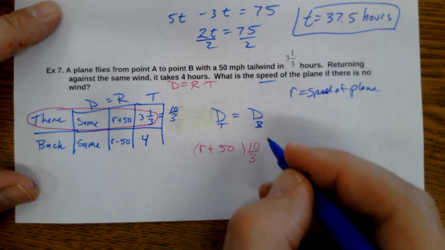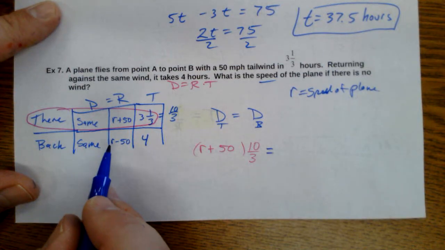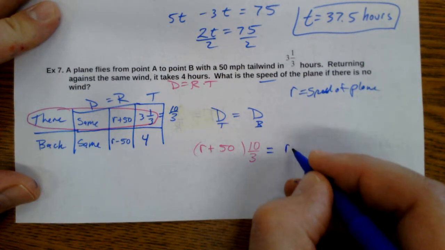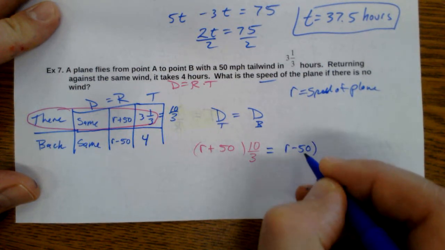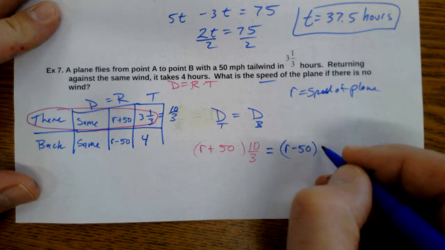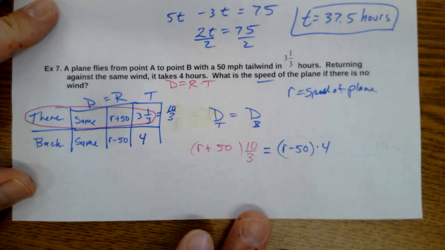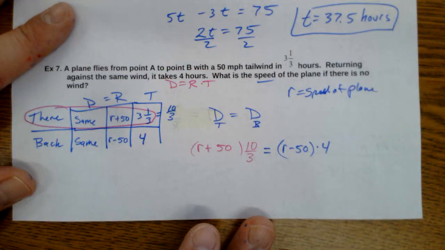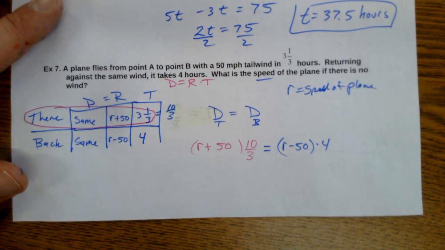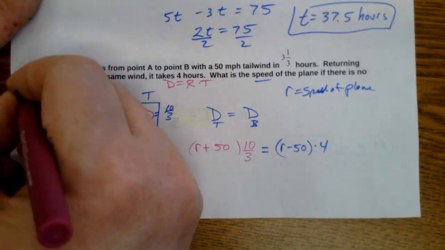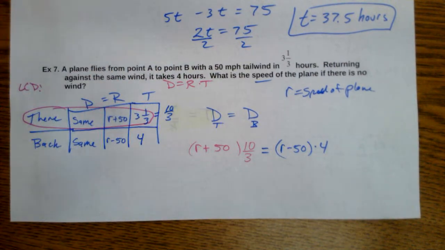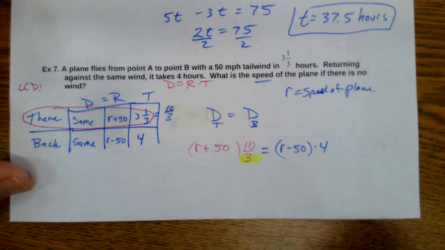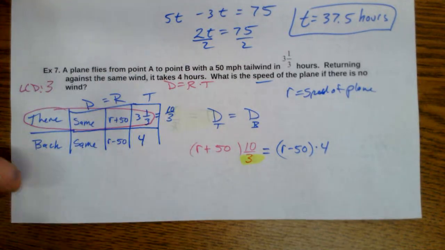And over here, I'm going to do my rate, which is R minus 50, and then times 4. Now, I don't like working with fractions. So an easy thing you can do is just multiply by the LCD. In this case, there is only one denominator, which is 3.